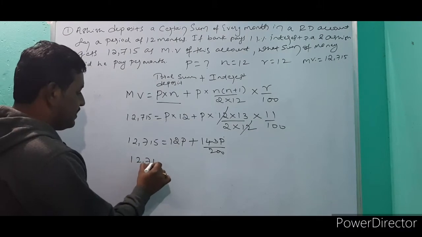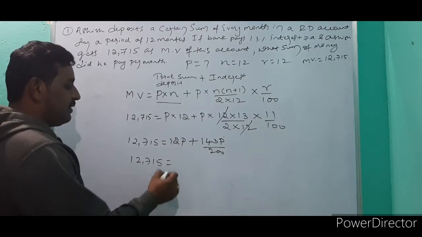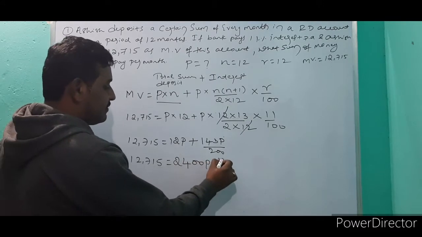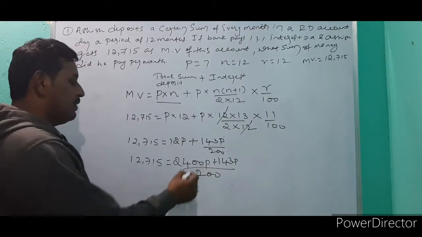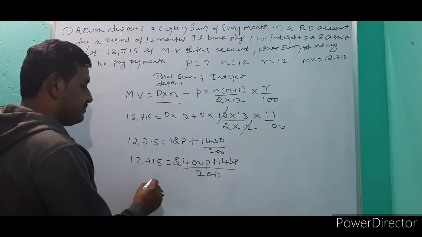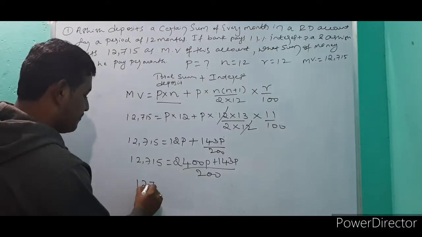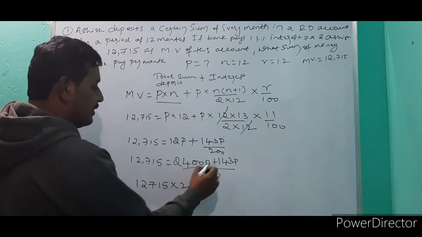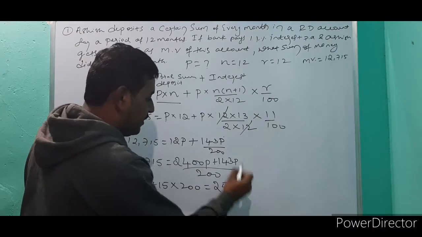So 12,715. If you multiply 12 into 200, you will get 2,400P plus 143P divided by 200. So multiply 12,715 into 200 is equal to, if you add these two, you will get 2,543P.